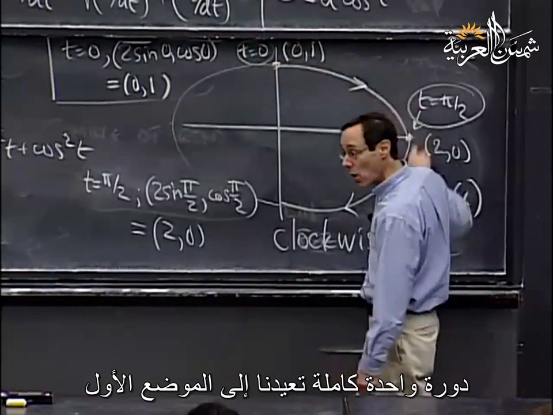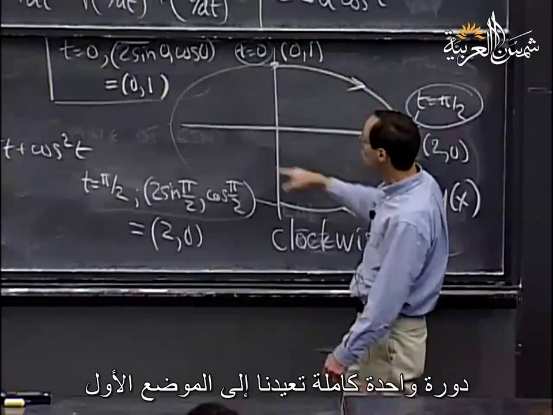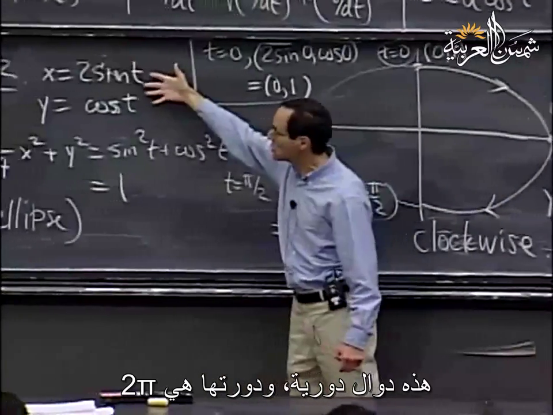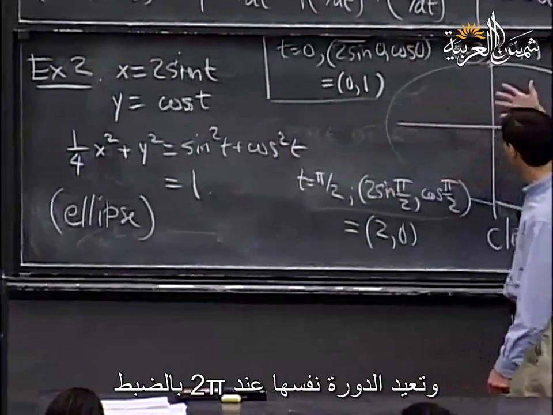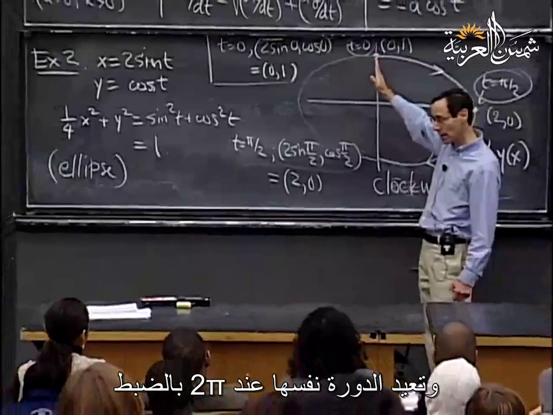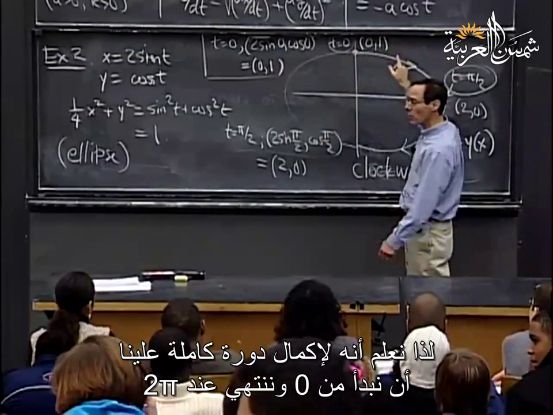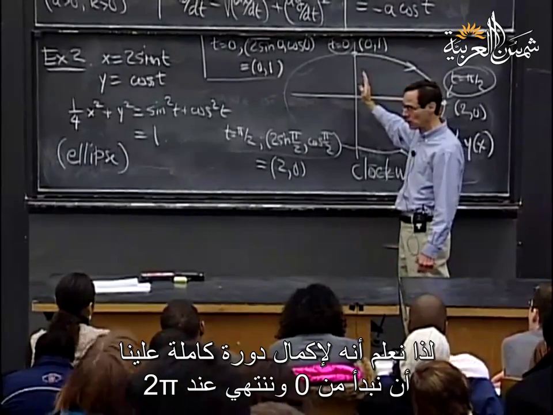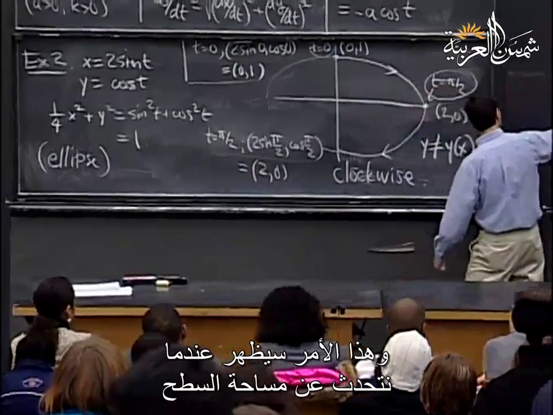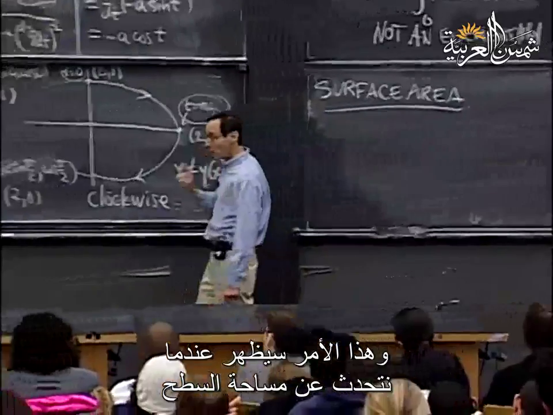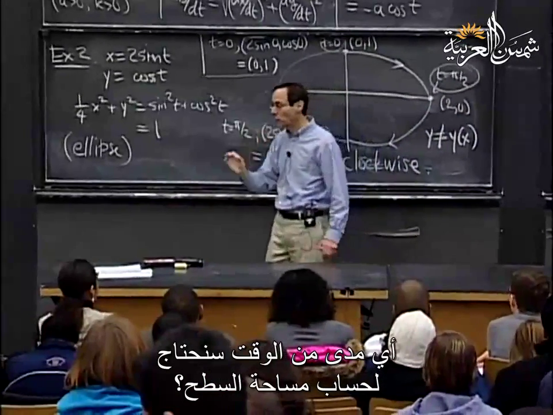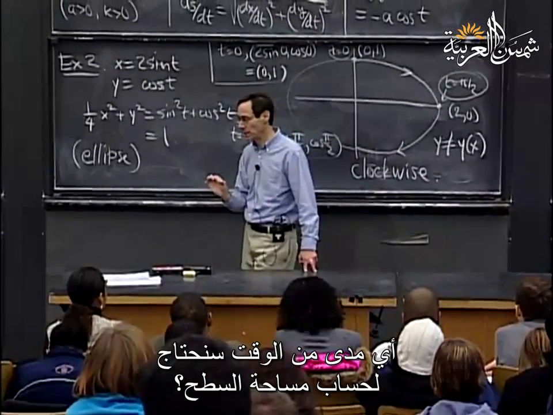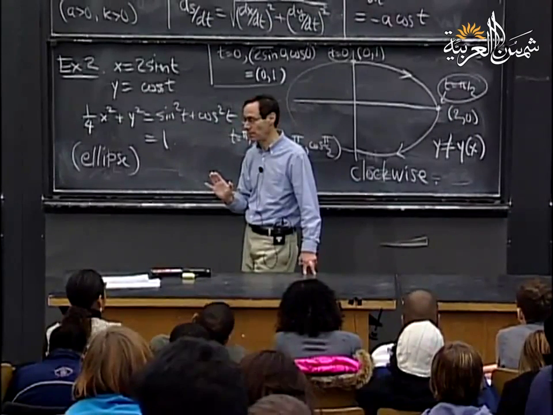And this is 2 pi. When you go all the way around once, it's going to come back to itself. These are periodic functions of period 2 pi, and they come back to themselves exactly at 2 pi. So that's why we know in order to get around once, we need to go from 0 to 2 pi. And the same thing is going to come up with surface area right now. That's going to be the issue, what range of t we're going to need when we compute the surface area.